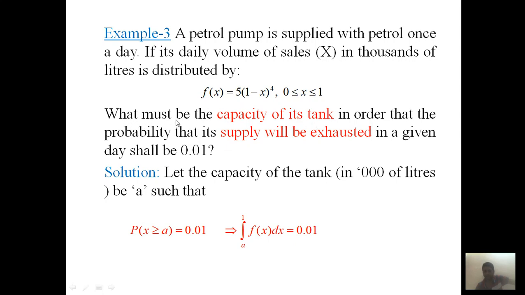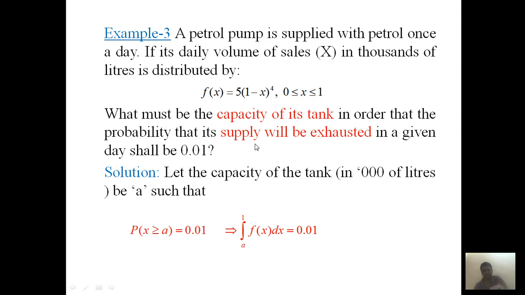Our aim is to find the capacity of the tank, which is an unknown. So first of all, let us assume the capacity of the tank is in 1000 liters, and suppose its capacity is A.